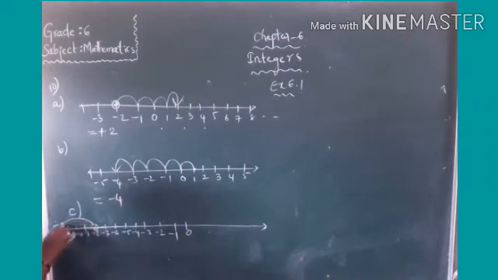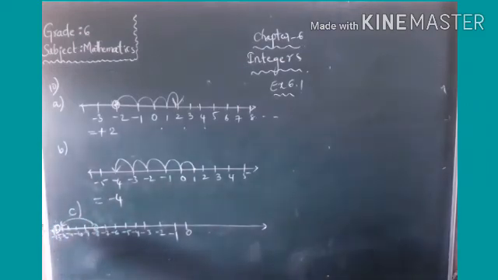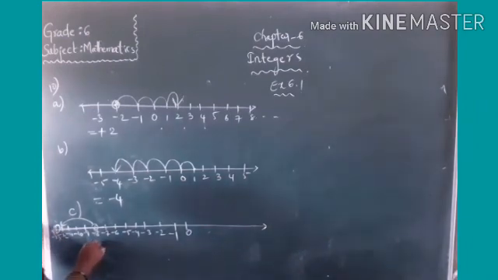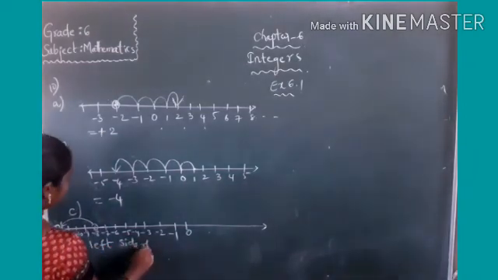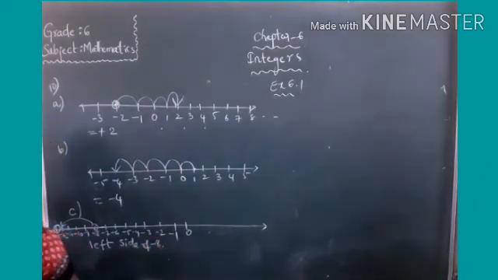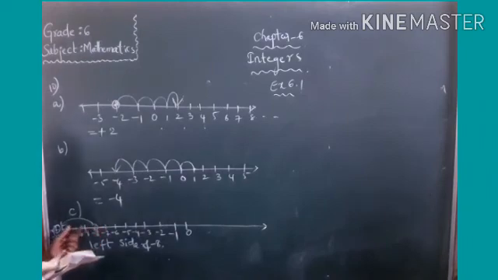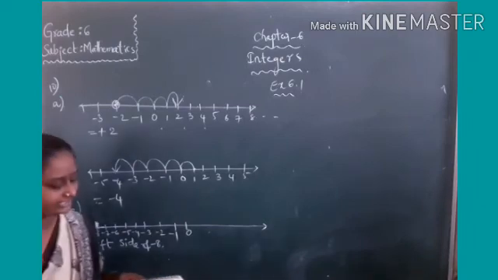So which direction if you go will you reach minus 13? You have to move in the left direction, to the left side of minus 8, to minus 13. Why? Because minus 13 is to the left of minus 8.